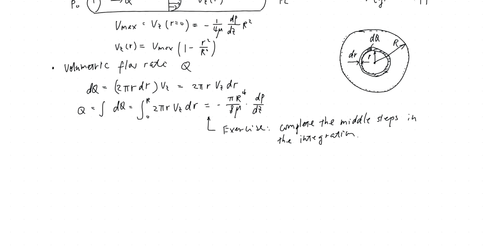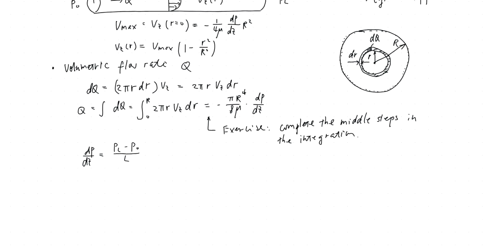We know that dp/dz would just be the pressure at the outlet minus the pressure at the inlet, divided by the length of the pipe. This is only true if it's linear. If it's not linear, you cannot calculate the derivative this way.